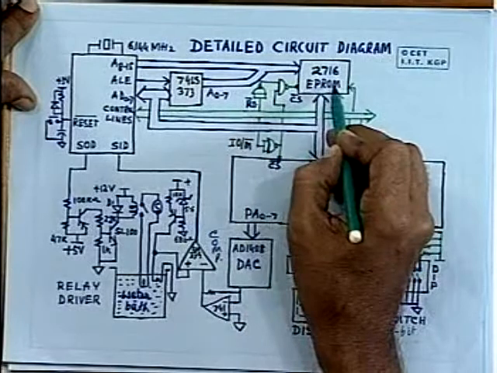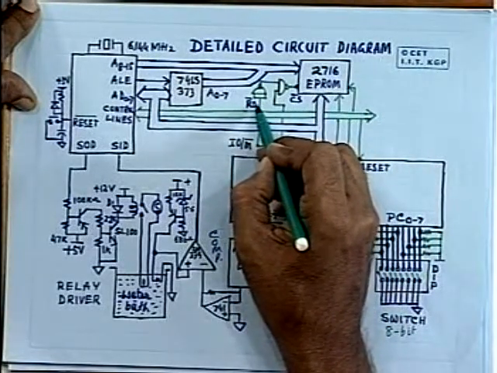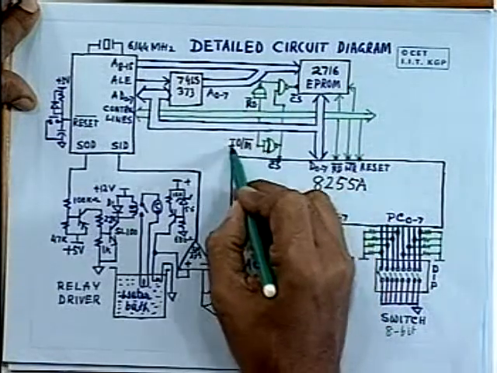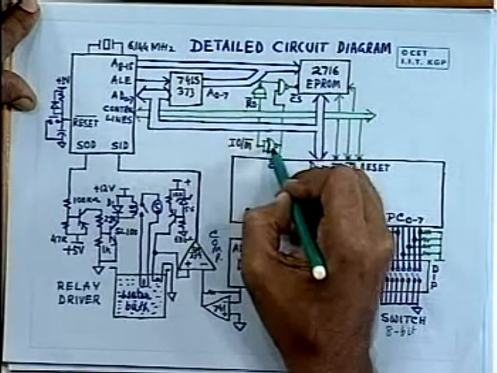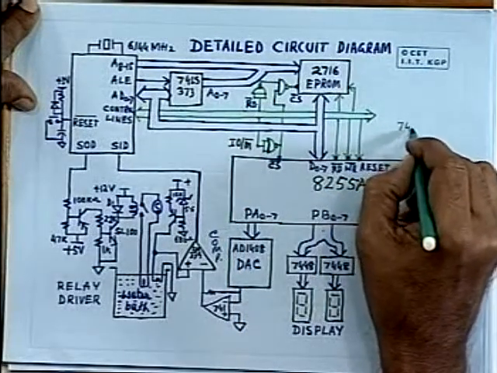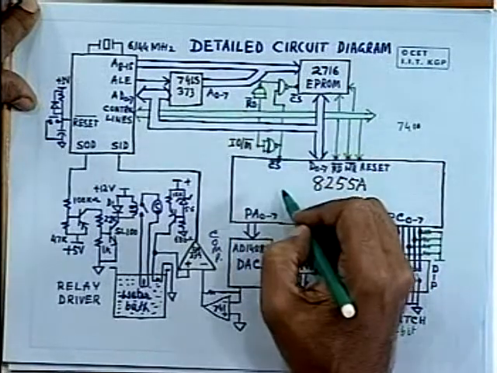This ROM is selected whenever this read line is active, that means read line is 0 and IOM line is also 0. So by making use of one 7400 NAND gate, this device decoder circuit is implemented.